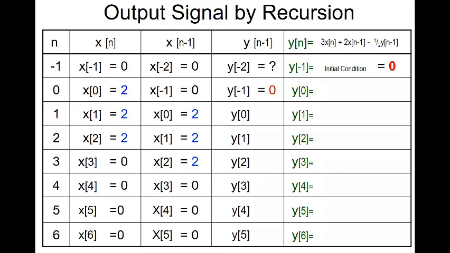What's going on back here, I have no idea. But now I can compute y at n equals 0. We can get this first value, what comes out when this first 2 comes in. And for that, we'll take our difference equation. We'll take 3 times x of n plus 2 times x of n minus 1 minus 1/2 times y of n minus 1. 6 plus 0, we get 6.